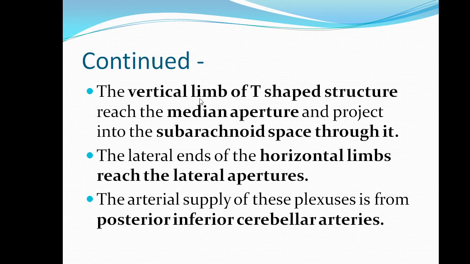The vertical limb of the T-shaped structure reaches the median aperture and projects into the subarachnoid space through it. The lateral ends of the horizontal limbs reach the lateral apertures. The arterial supply of these plexuses is from the posterior inferior cerebellar arteries.